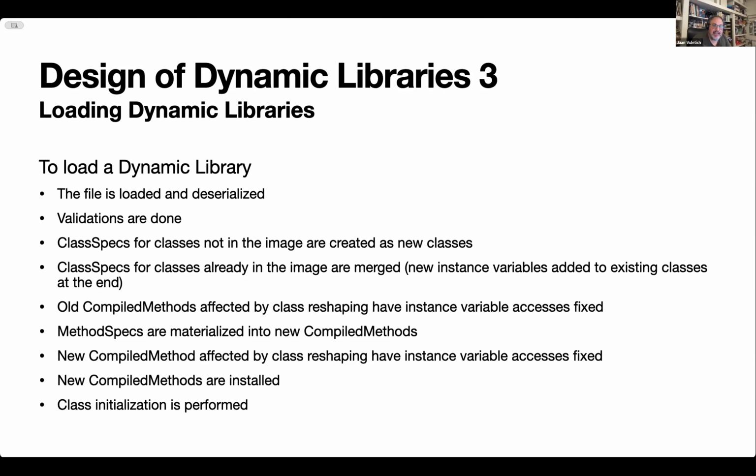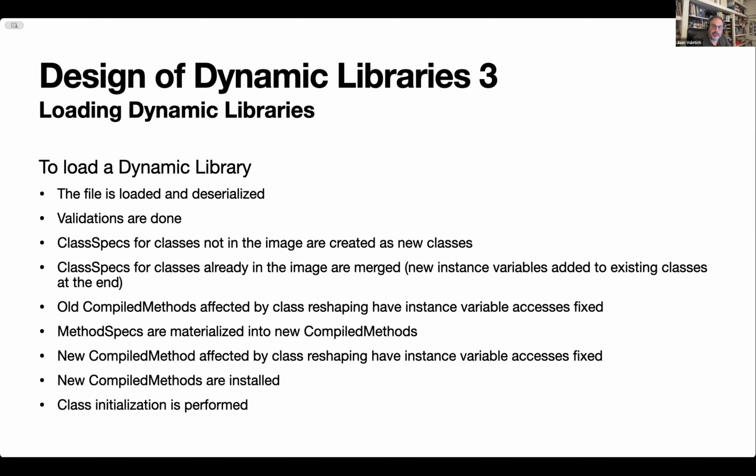A class spec can add new instance variables and is not required to include all the instance variables in the existing class. Both adding instance variables and ignoring existing variables is okay. So if a library adds some instance variables to a class, all instance variables in subclasses are moved to the right as new variables are added before them.